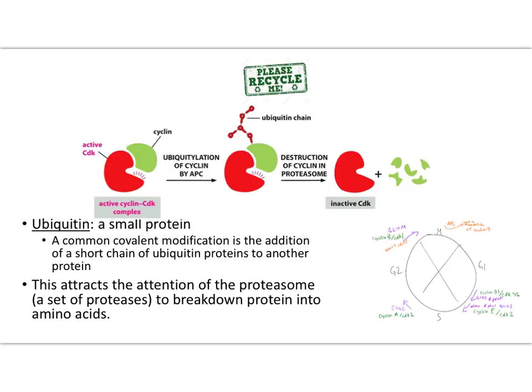The ubiquitin is added by a protein complex called APC, that's the anaphase promoting complex. And that's not drawn in here, but I just did. So there's our APC, anaphase promoting complex. It adds ubiquitin to particular cyclins. And then while this cyclin is hanging out in the cytoplasm, the proteasome is recruited to that area due to the ubiquitin chain.